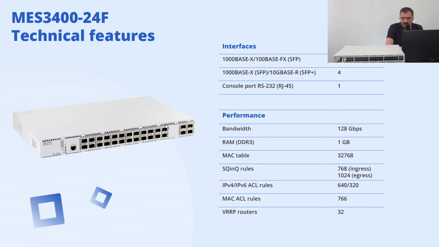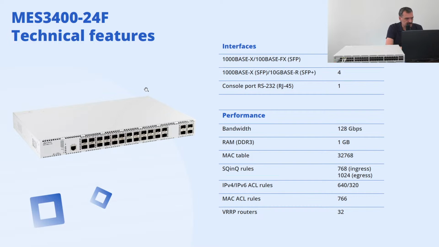These 4 10 gigabit ports are used for uplinking this switch with core layer switches or with aggregation switches, another aggregation switch, if you decide to use it as an access switch.